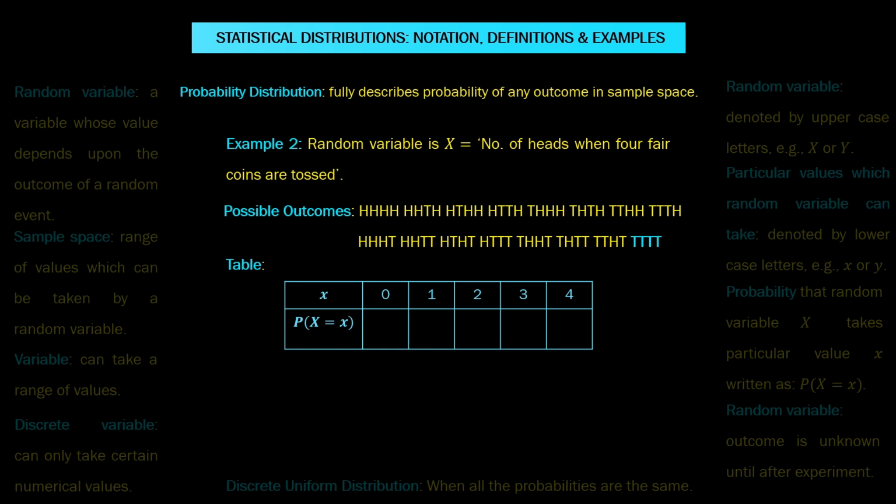The probability of 0 heads, let's consider this. There's only one outcome where we have 0 heads, and that's where we have 4 tails. So the probability of 0 heads is 1 out of 16, which is the total number of outcomes we could have.